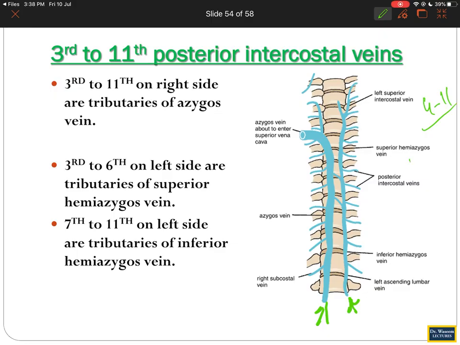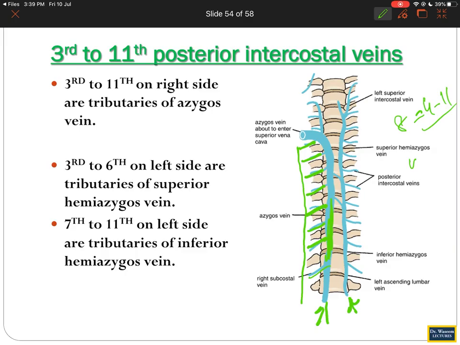That means the first half, you can say. Now how many spaces is this? 8 spaces posteriorly that you have to fill. On the right side, in continuity, all 8 spaces will drain their veins into the same vein.